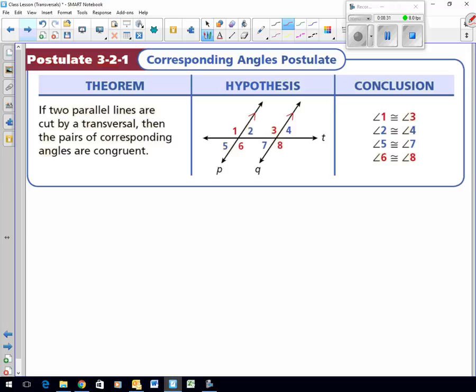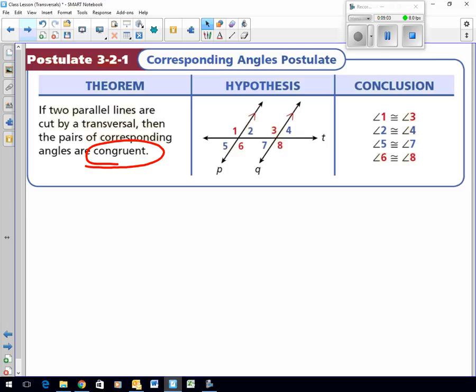The important part that I remember is what column I'm going to go in: congruency. Corresponding angles are congruent. What's corresponding mean? Glad you asked.